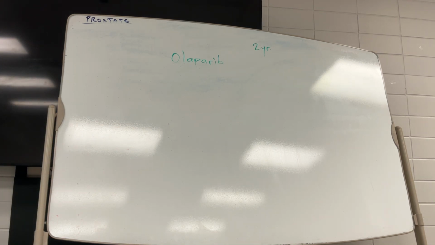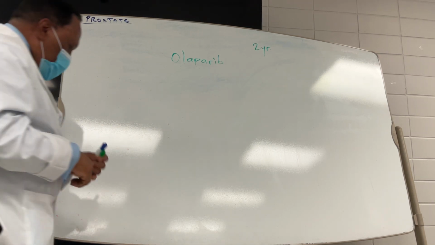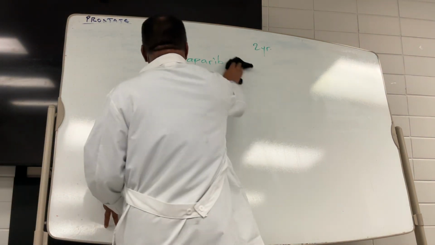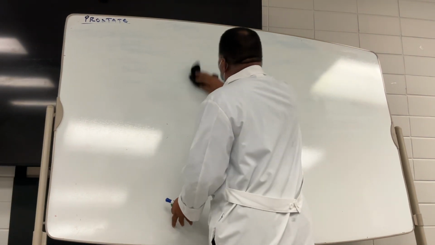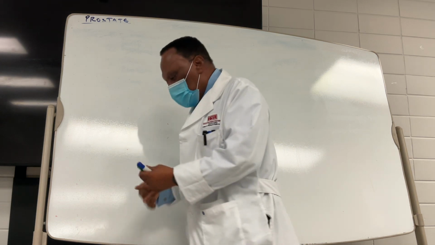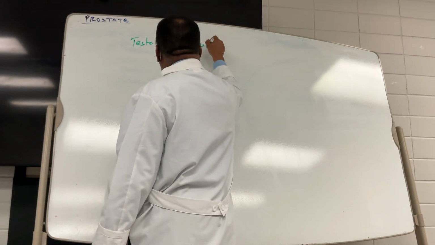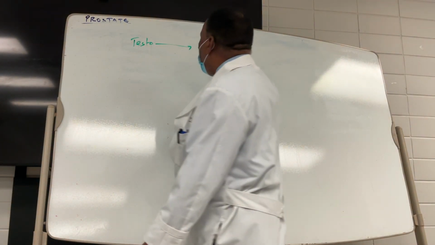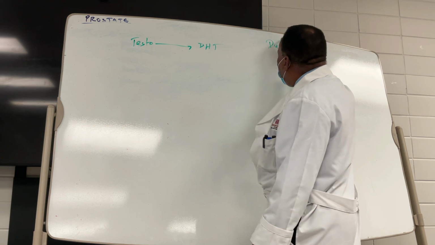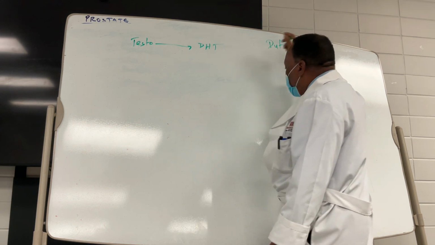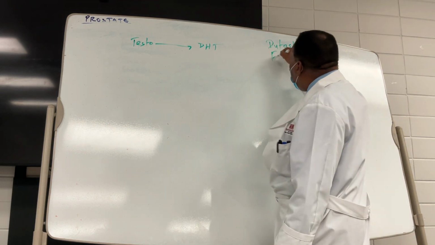The 5-alpha reductase would simply inhibit the conversion of testosterone to DHT, and of course you have all your dutasteride, finasteride.